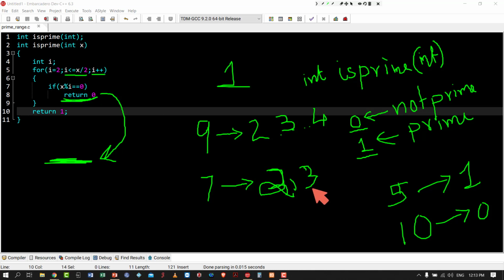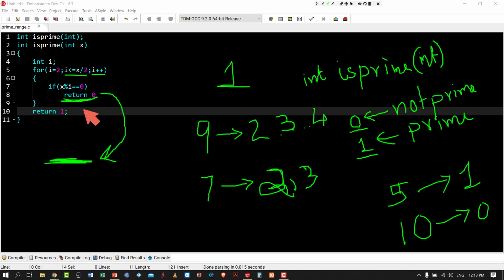Next is 7 mod 3. 7 mod 3 is also 1. So this statement will not execute. After that the loop will terminate because at some point I becomes 4. When I becomes 4, it will not execute anymore.